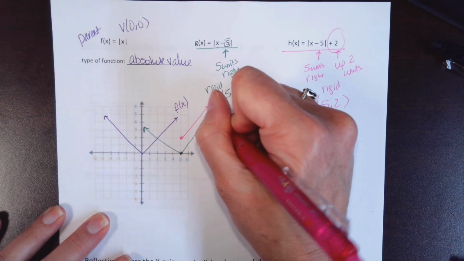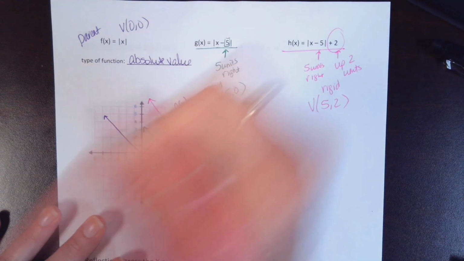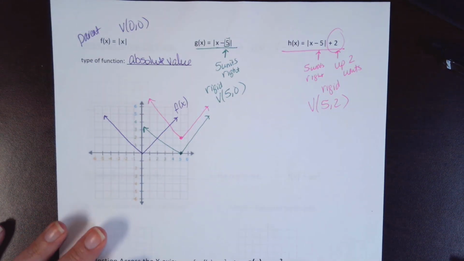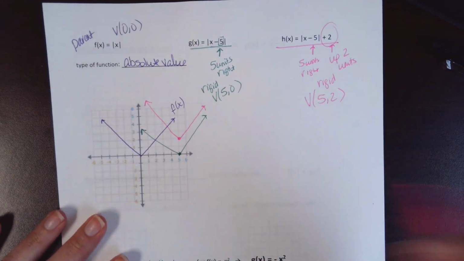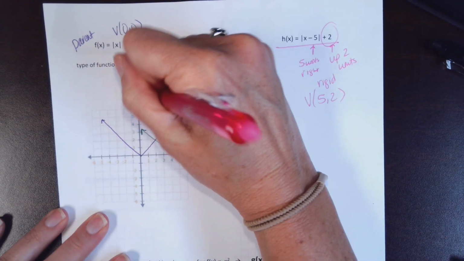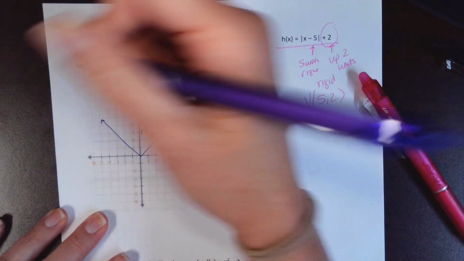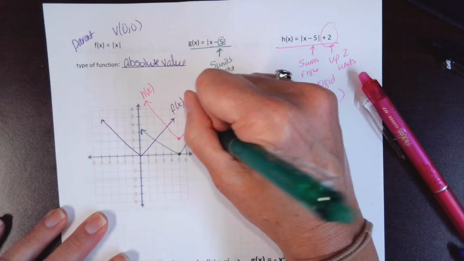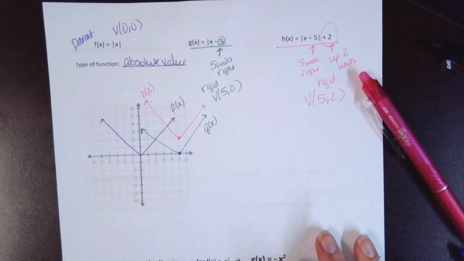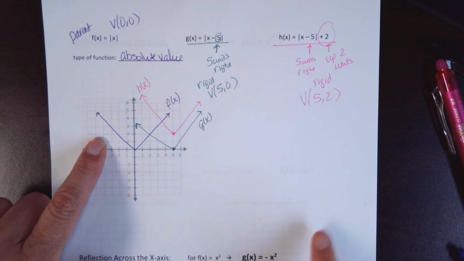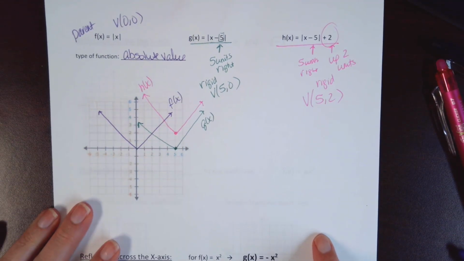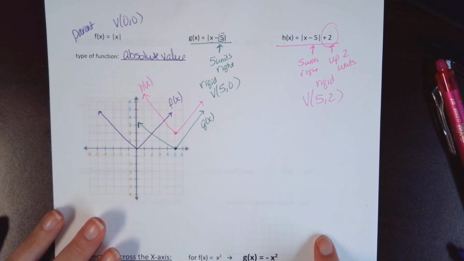Rigid transformations, same opening as the other 2, as much as you can. So this one was h of x, this one was g of x. Alright, so parent function, 2 transformed functions in the same family, all the same shape, rigid transformations.